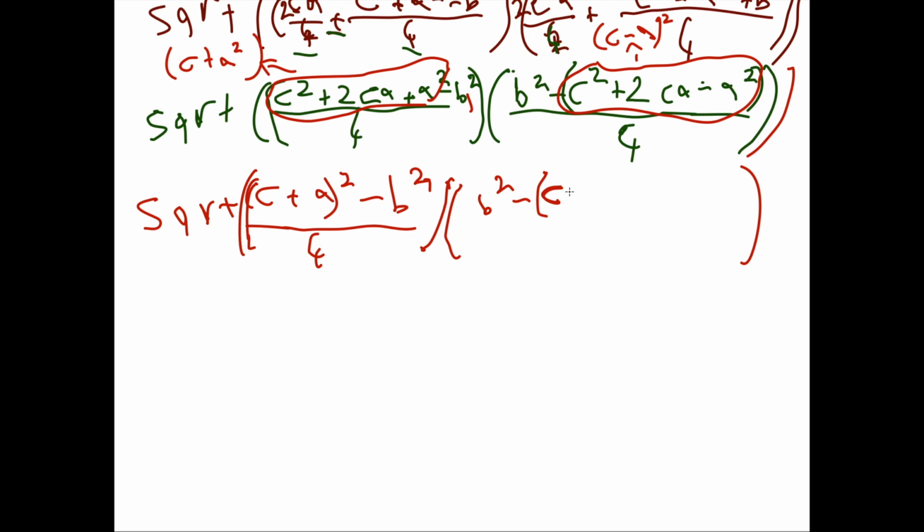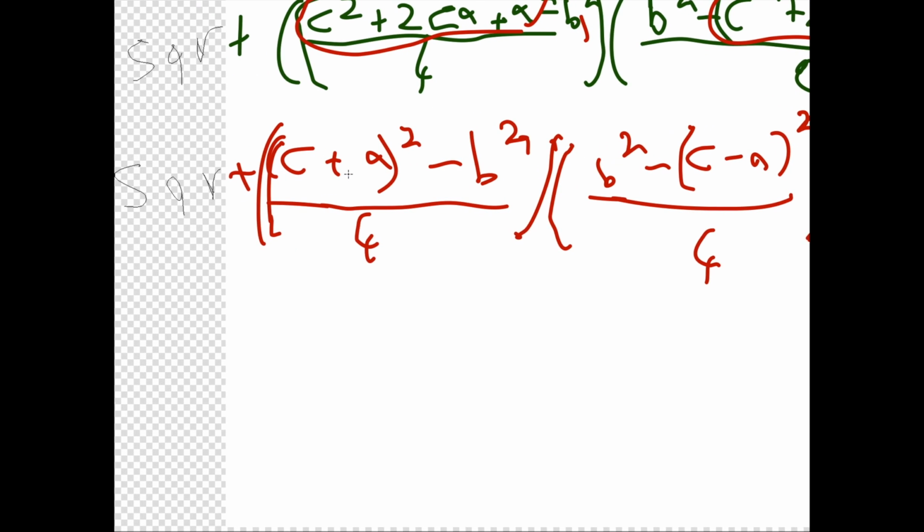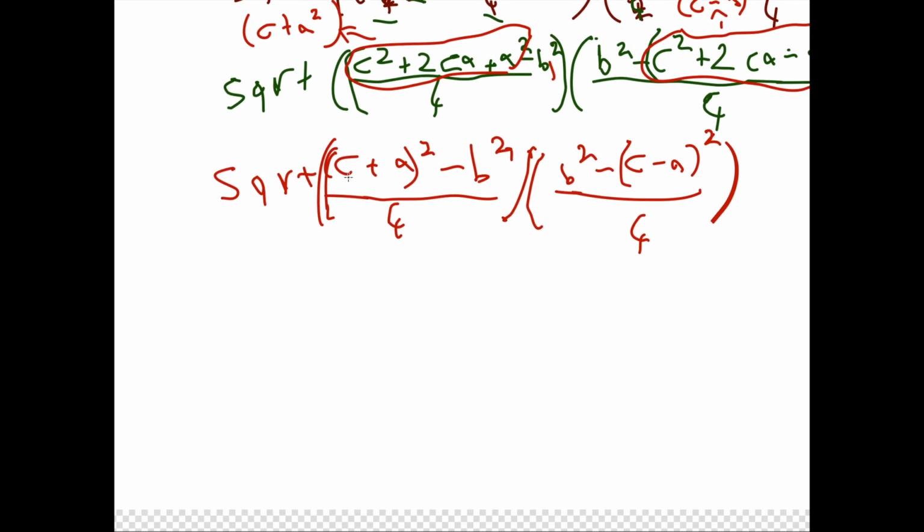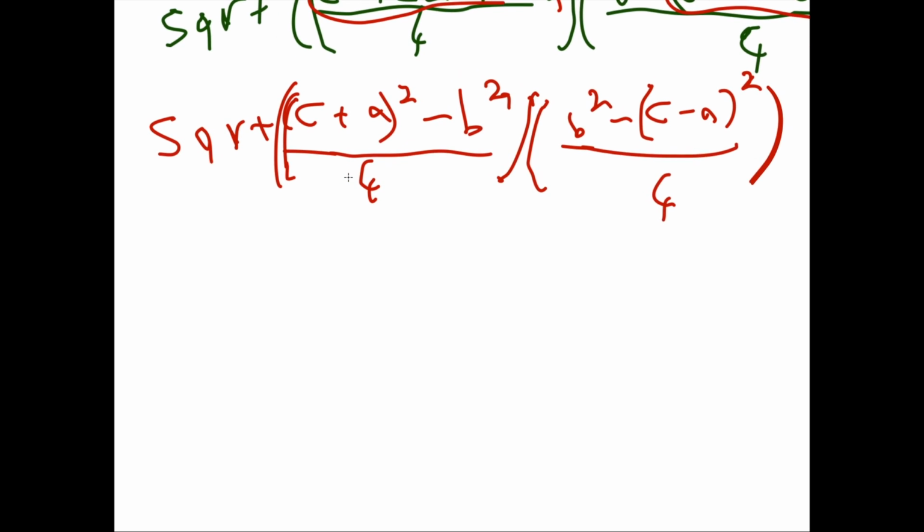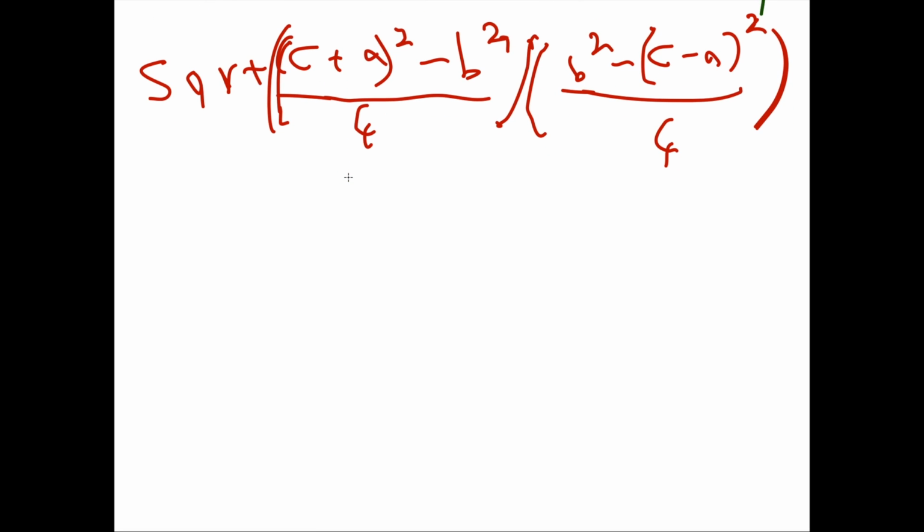Minus C minus A squared, right? Okay, and divide that by 4. There we go. Okay, so now we simplified this pretty well. I'm just going to zoom in again. We have simplified this pretty well.